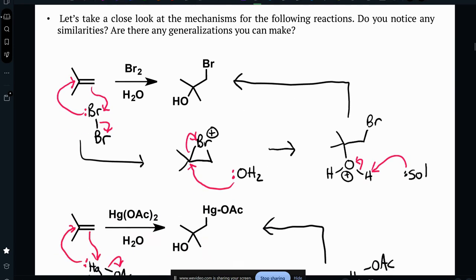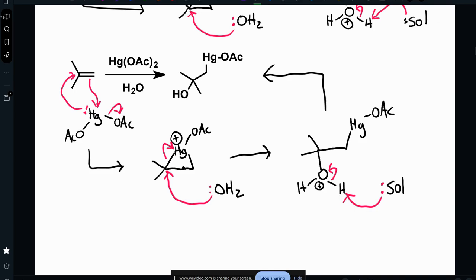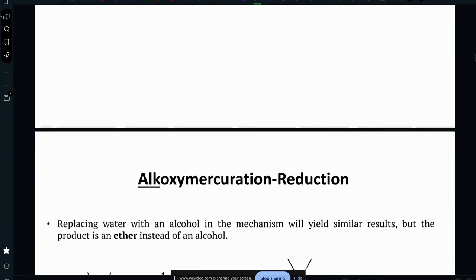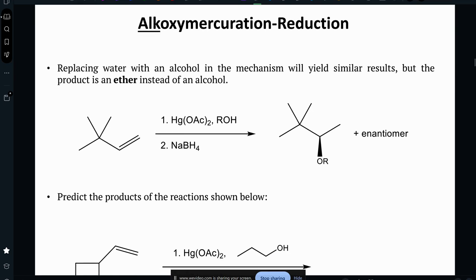Now, we've also seen that when we do reactions with water, a lot of times we can do an analogous reaction with alcohol, and that's also the case here. So just like we could react an alkene with an alcohol with an acid catalyst, we can do the same thing with oxymercuration reduction. In this case, we call it alkoxymercuration reduction, where instead of water, I'm now using an alcohol as my nucleophile.